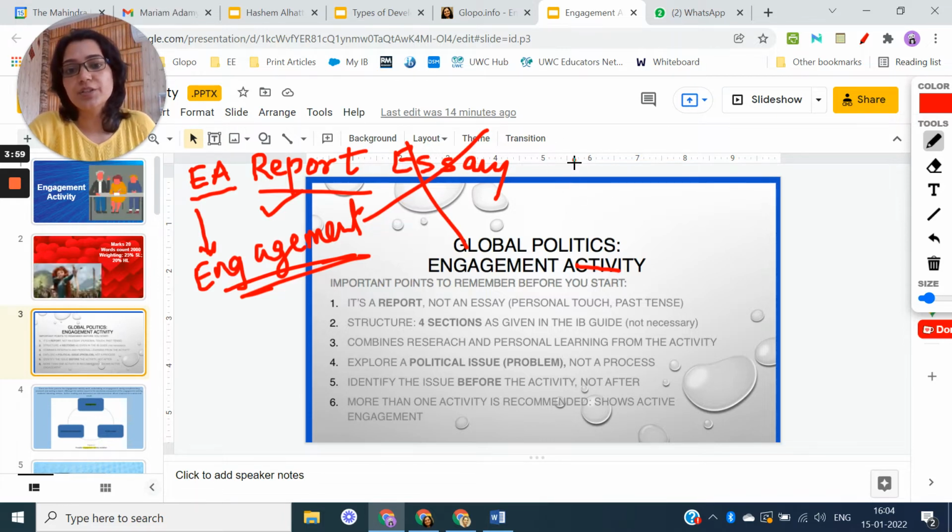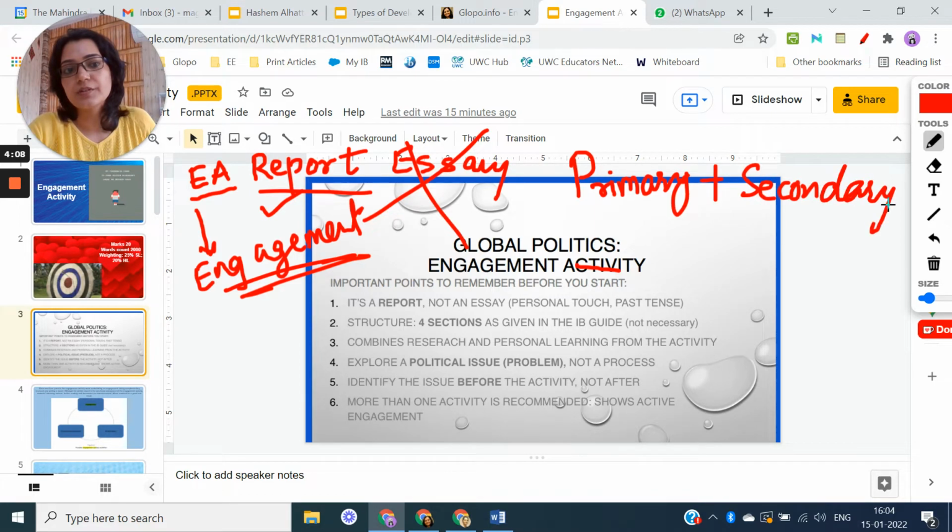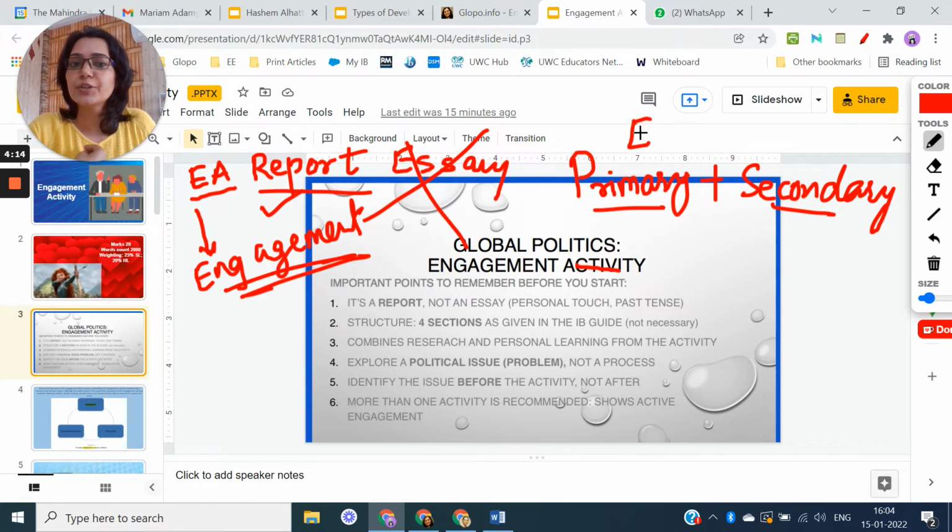This is the culmination of your primary plus secondary research. That's why I'm calling it an engagement activity, where I am engaged in collecting all the primary sources, all the primary data, where I am busy in my internship.